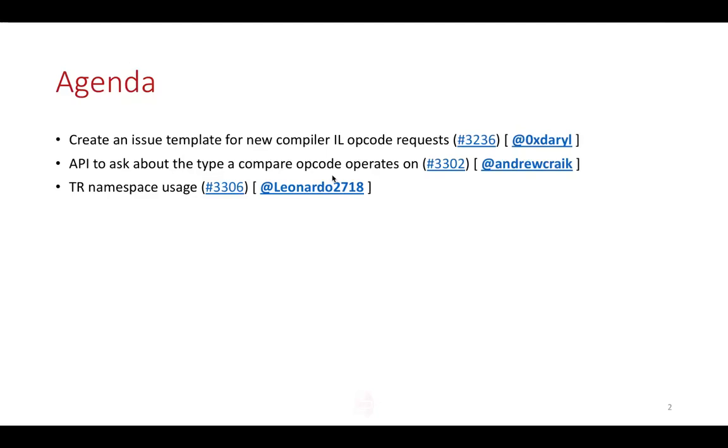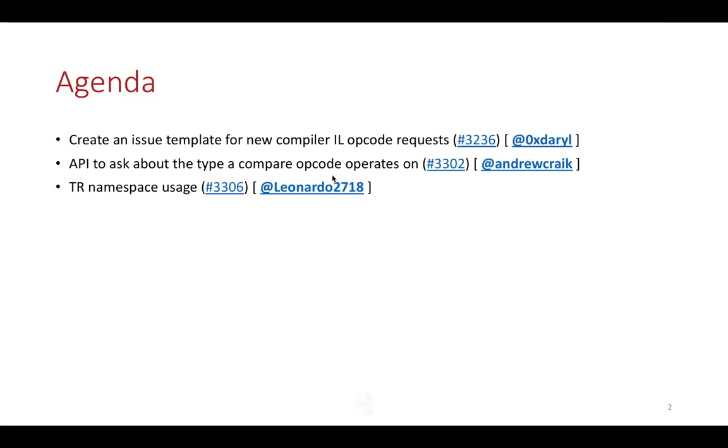I haven't come up with a good name for that yet, but like get compare data type or comparison data type or something like that was what I had in my head. To then be able to say, are you an integer type compare or something like that, so that you could deal with these cases.